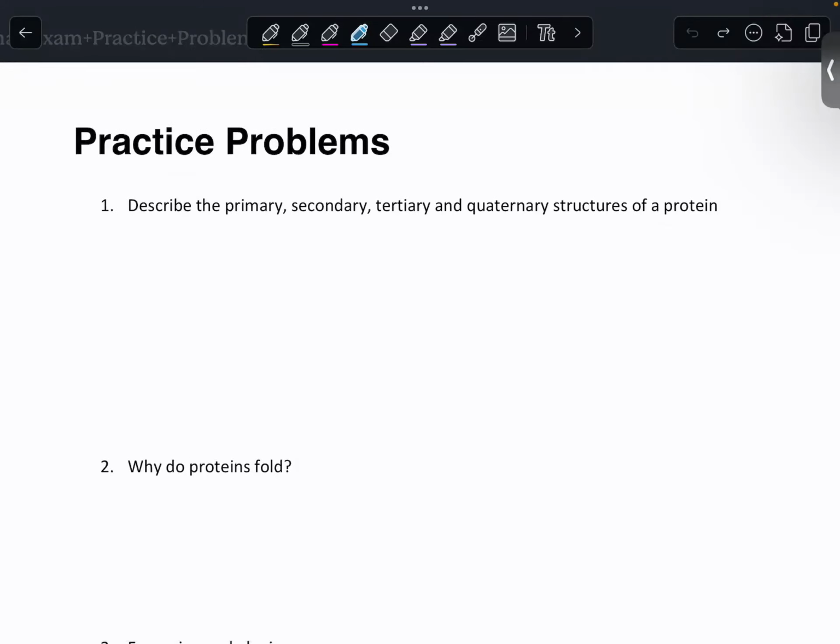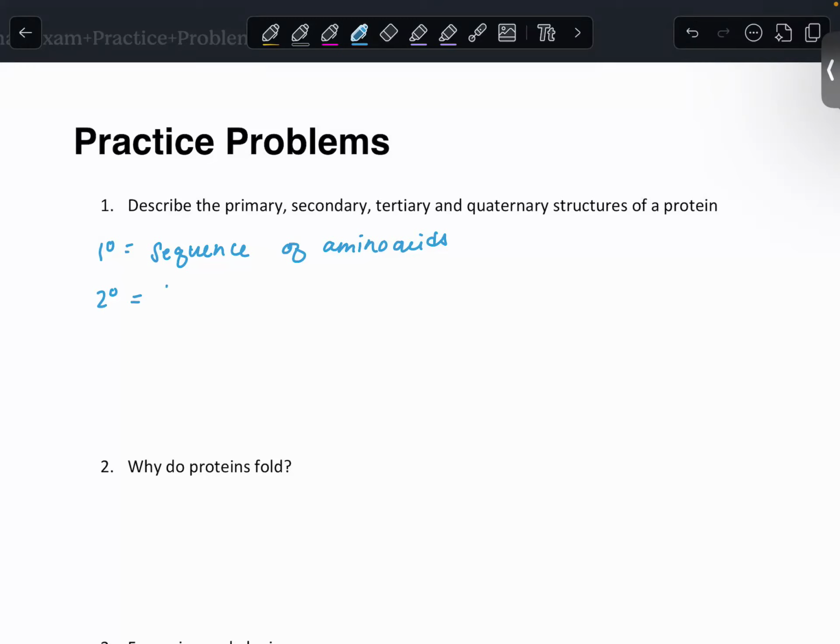Okay. So first practice problem. Describe the primary, secondary, tertiary, and quaternary structures of proteins. Where do we start? What's our primary structure look like? The sequence of amino acids. What about secondary? I'm looking for the kind of structures they make and what kind of bonds make them.